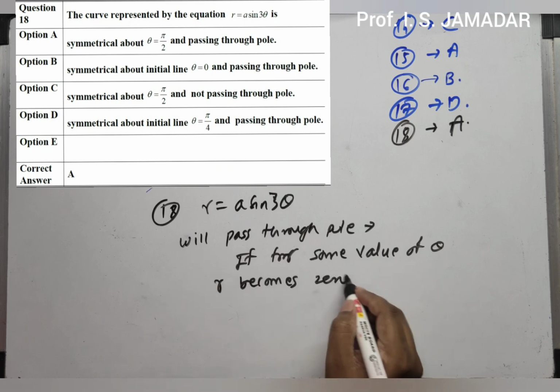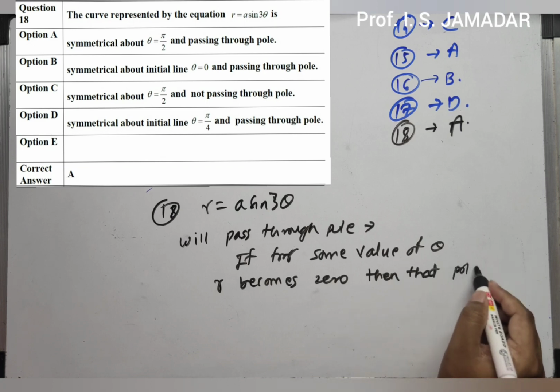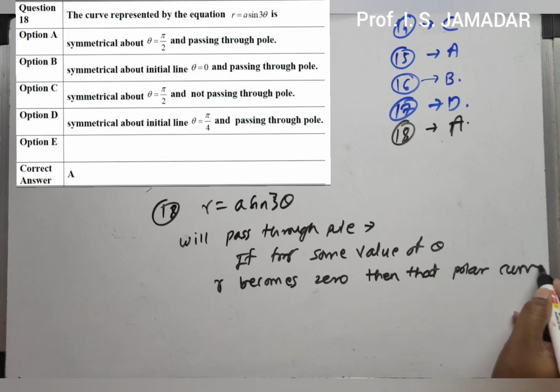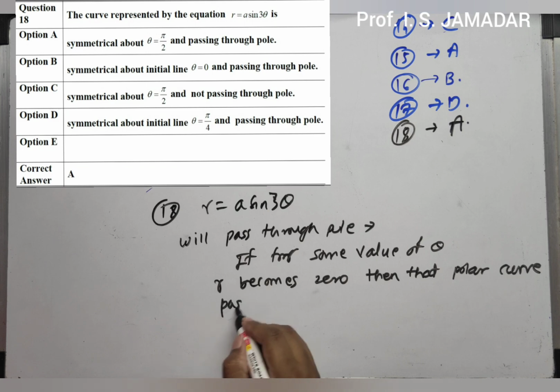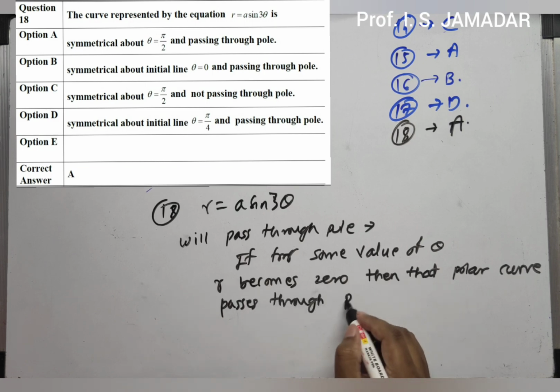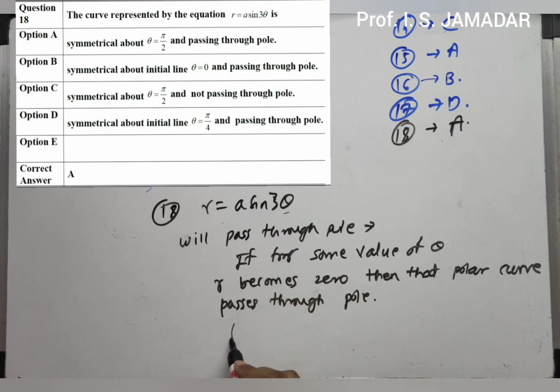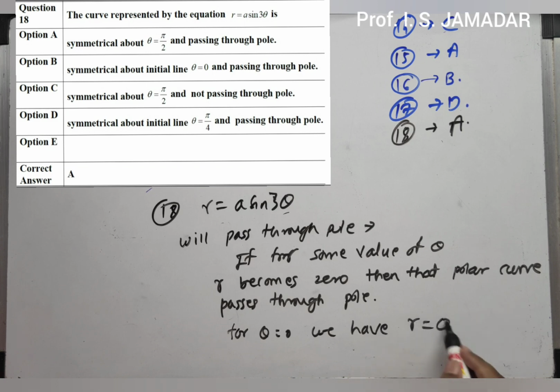Then that polar curve passes through the pole, or you may say origin. Here in this example, for theta equal to 0, r is also equal to 0.